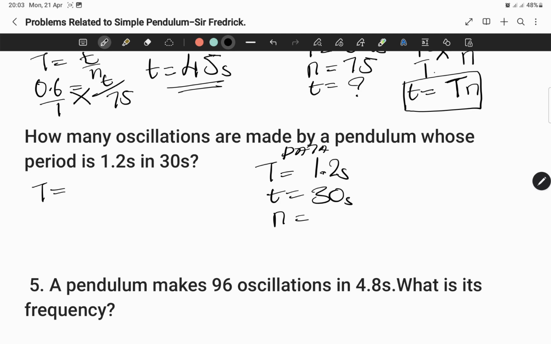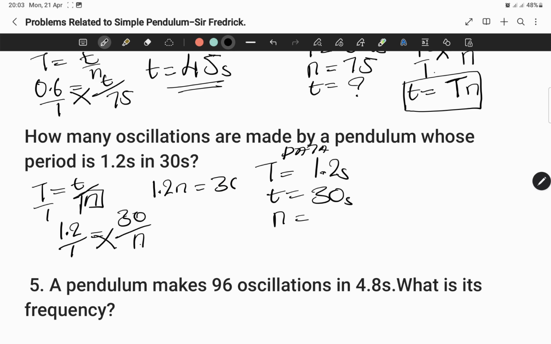Again, you can play with your mathematical gymnastics, but it will still be the same. So T is equal to that over that. So I'm looking for n. So that's going to be like that. So 1.2 is equal to time 30 over n. Cross multiplication: n times 1.2 is going to be 1.2n is equal to 30.